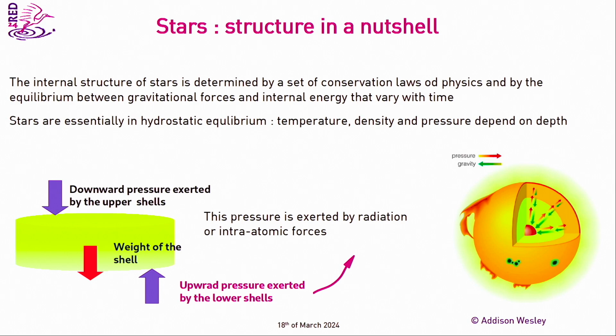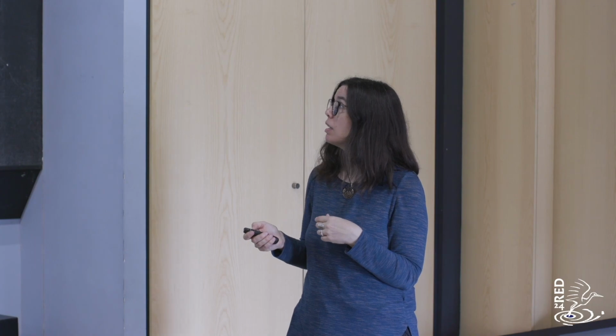And the fact that we observe stars means that they are in equilibrium, they are not collapsing every second. In a normal living star, but also in dead stars, as you will see, there's an equilibrium between gravitational forces, which apply everywhere in the universe at all ranges, and an internal energy source that varies with time.